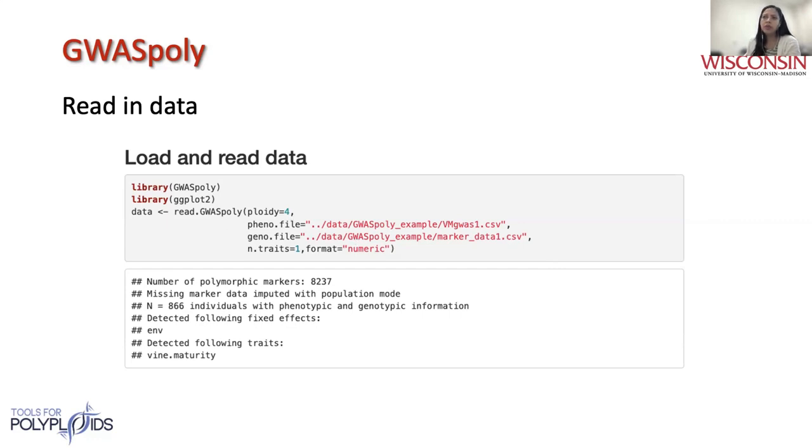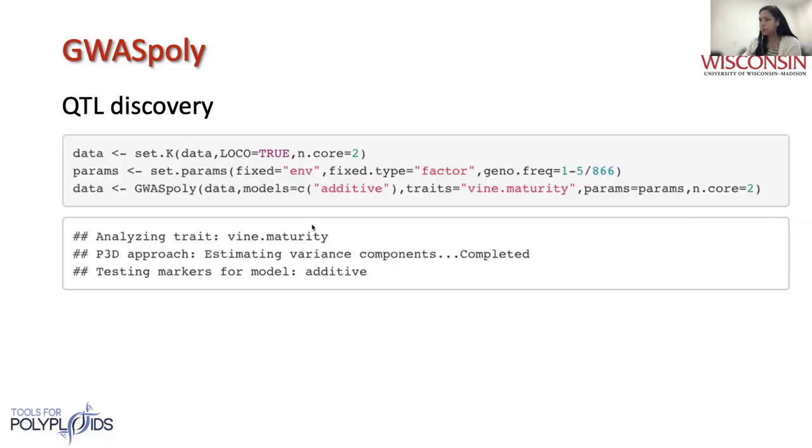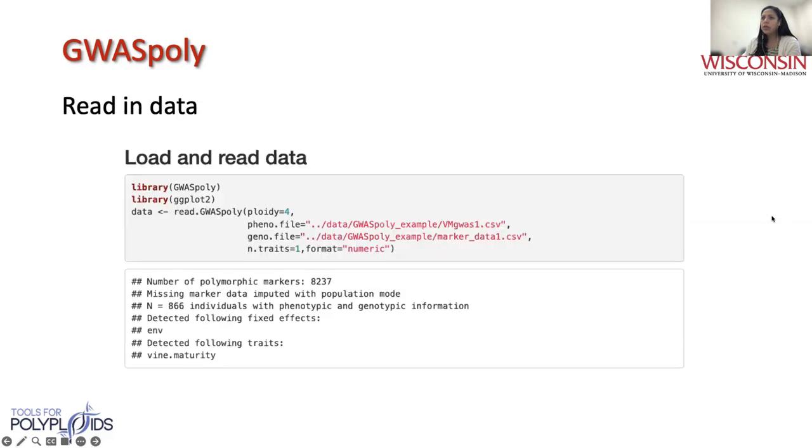Then you have the phenotypic data, the genotypic data, and the number of traits, which for this example is only 1, which is maturity. And then you also need to determine the format of your trait. Here you pretty much only pass the names of the files as strings for both the pheno and geno file.